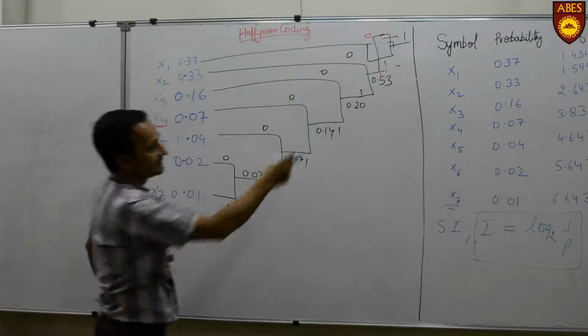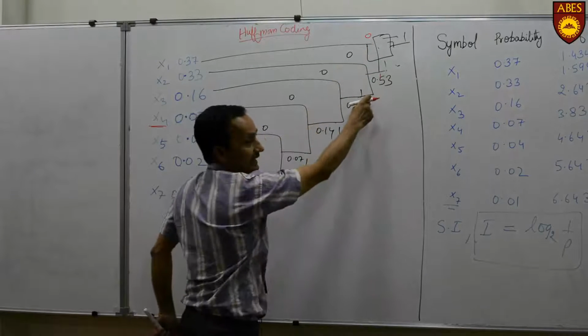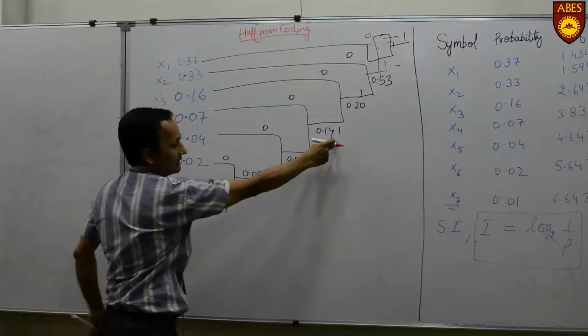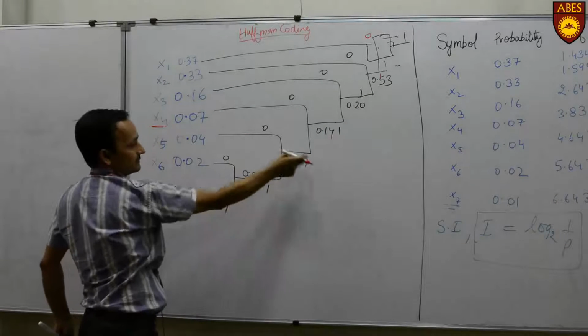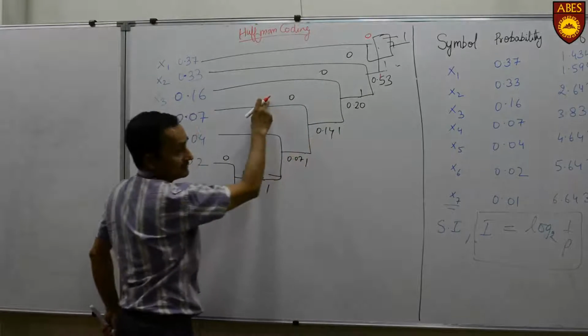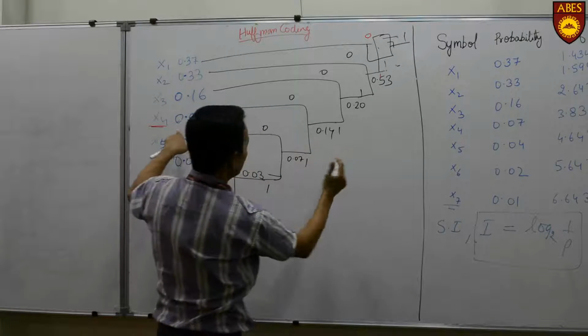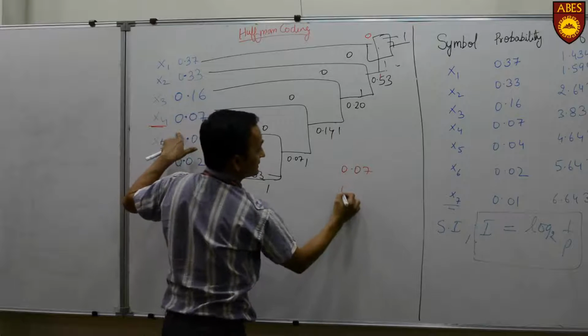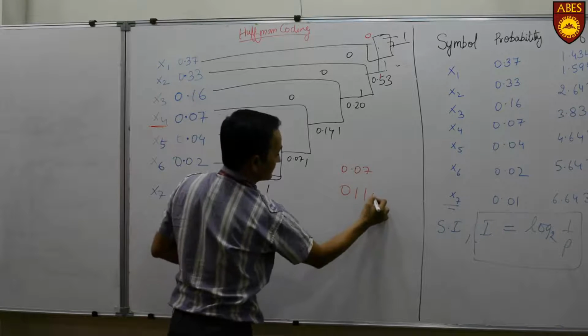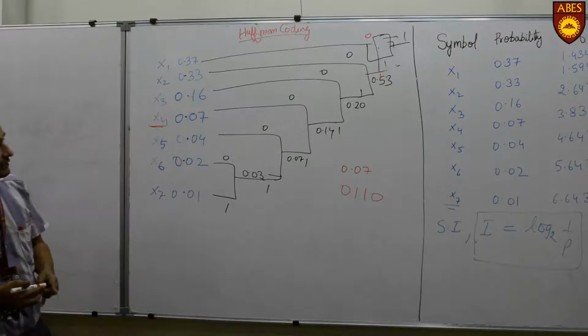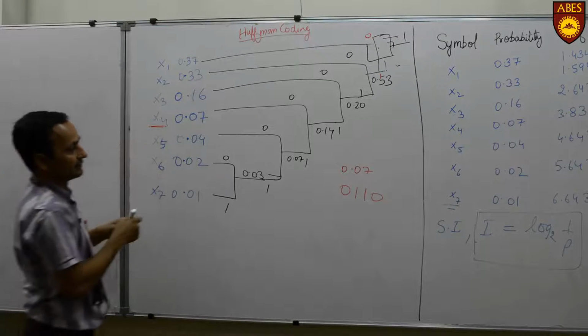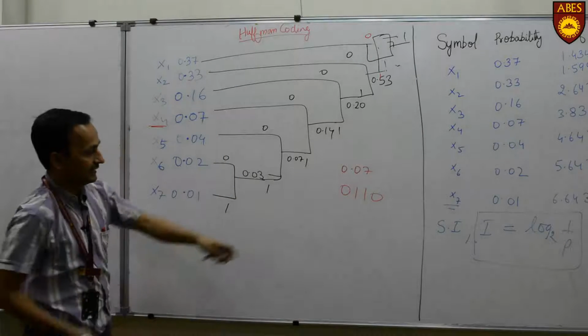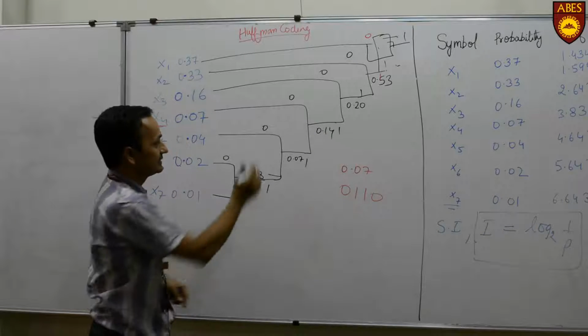So I take first 0, then this one, then this one, then this one, and finally this 0. So for this 0.07, the code word will be 0, 1, 1, 0. This is the code word for my 0.07.